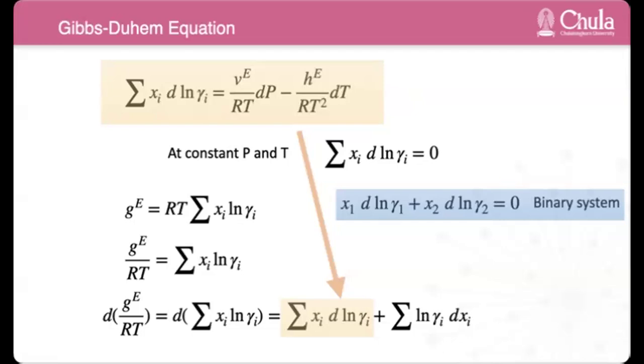At constant P and T, this equation becomes the summation of xi d log gamma i, and we use this one: GE over RT. Very often we use this.